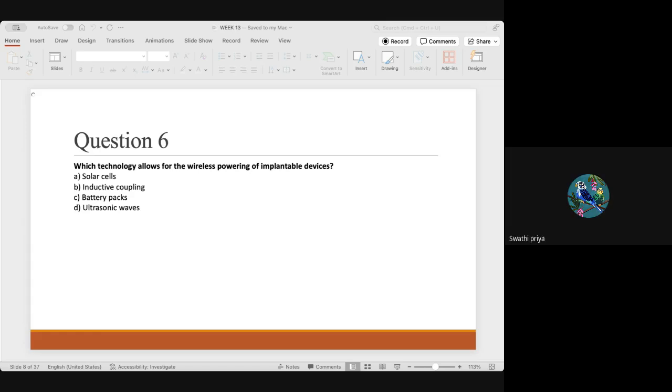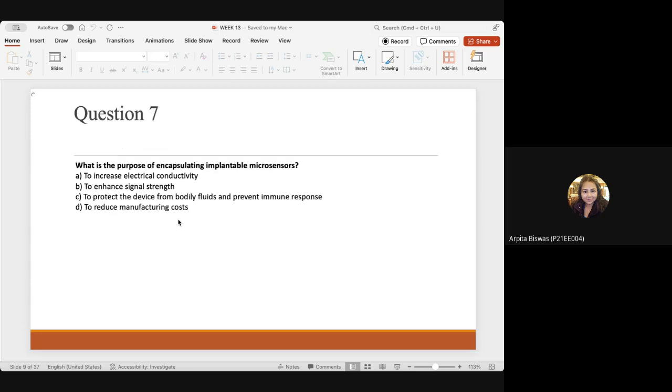Option B, inductive coupling, ma'am. Yes, option B, inductive coupling. So next, moving to question number 7.